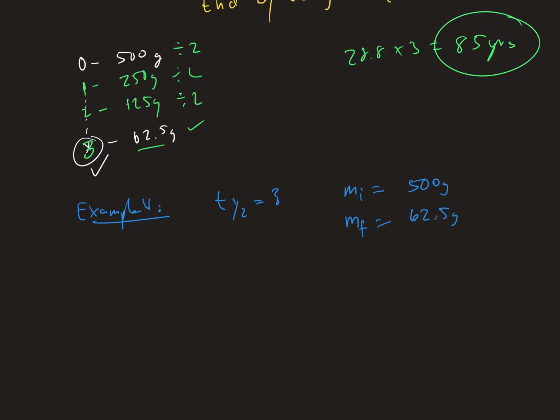We know what the answer is going to be because I'm using the same problem. I can write it differently: this is how much we're starting with, and this is ending. And then I know a time of 85 years has passed.